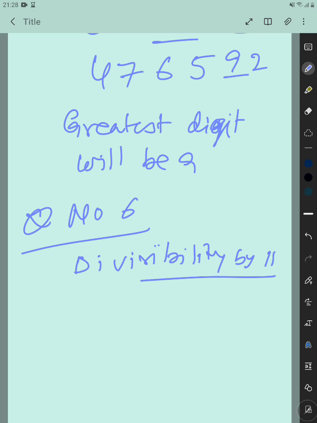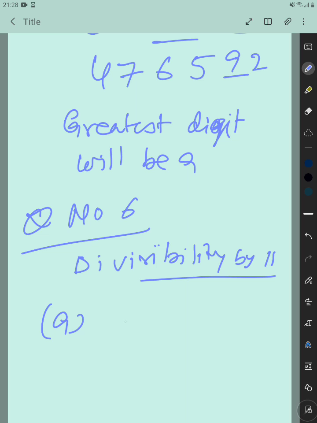There are two parts. How do we find divisibility by 11? We take the sum of the digits at odd places and at even places and then find the difference.